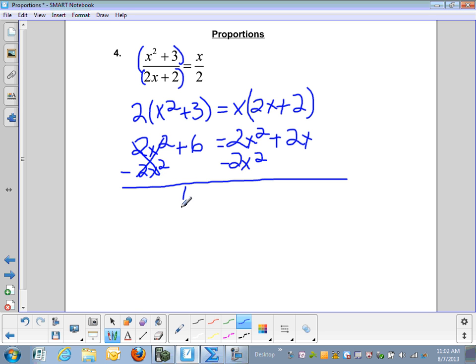Didn't have a problem here. 6 is equal to, these cancel, 2x. So 3 equals x.